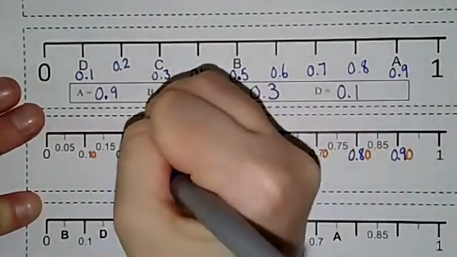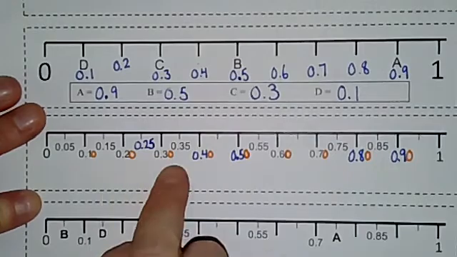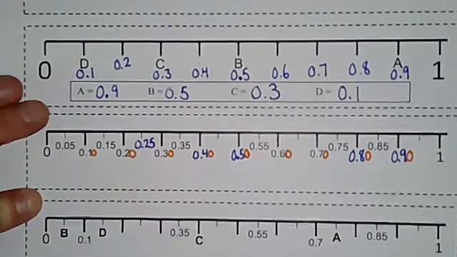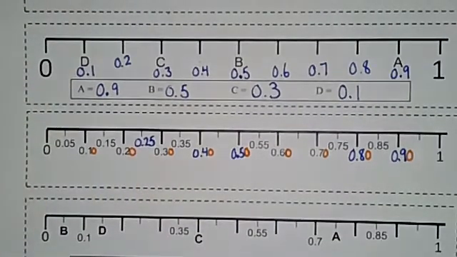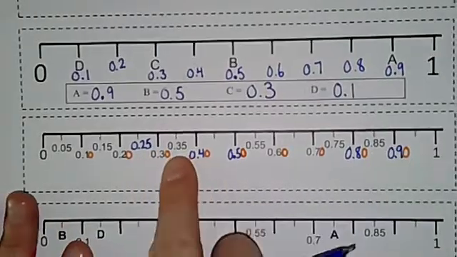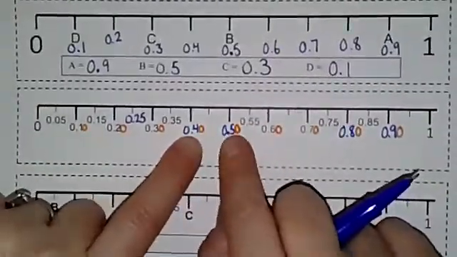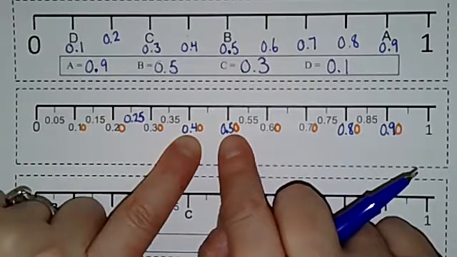Very good. We're going to write that in right here on the small black line. In between 20 hundredths and 30 hundredths is 25 hundredths. Then in between 30 hundredths and 40 hundredths is 35. DJ, what's between 40 hundredths and 50 hundredths?